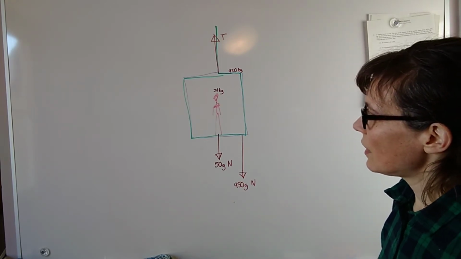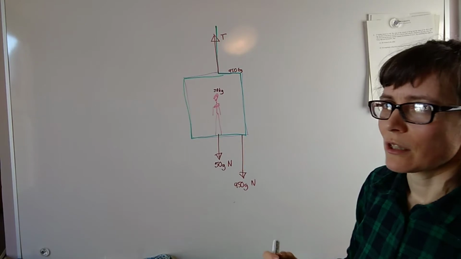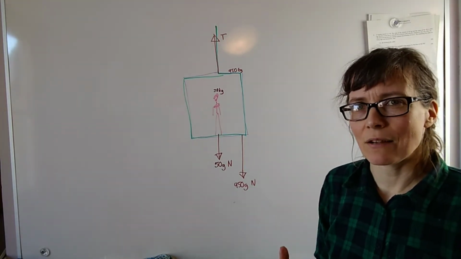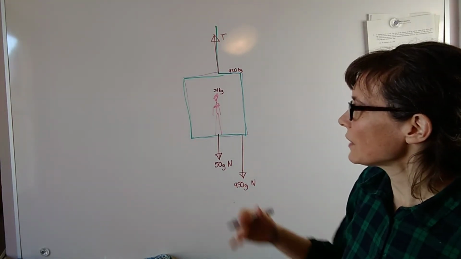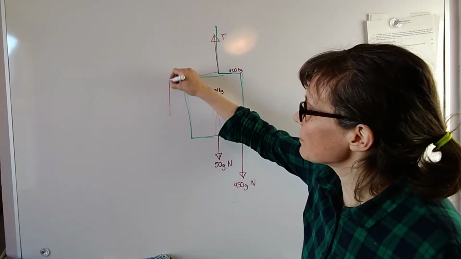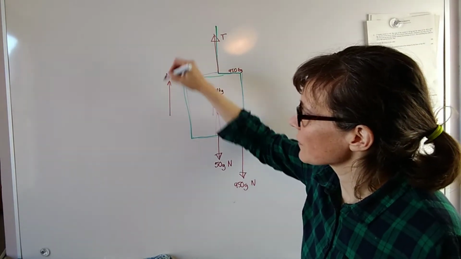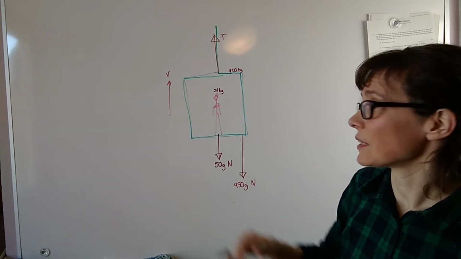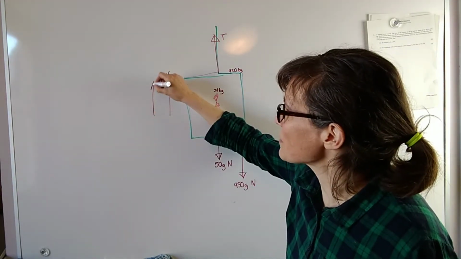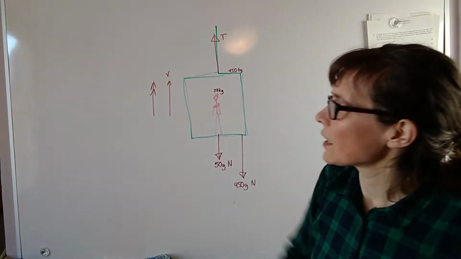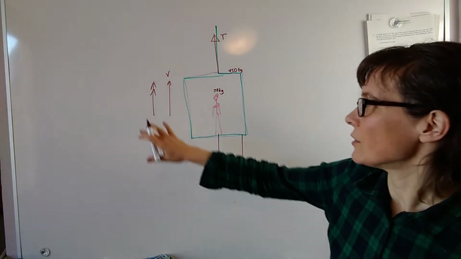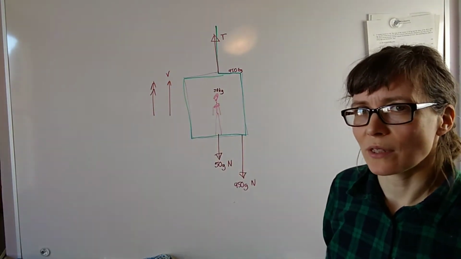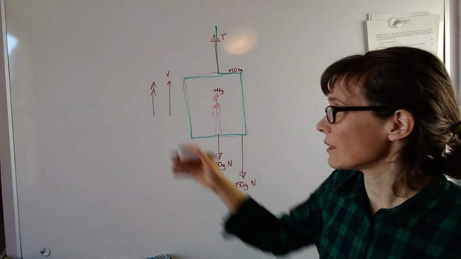The other piece of information that we're given in the question is about the deceleration. We are given that this lift is moving upwards with a changing velocity, because although it's moving upwards, it's got an acceleration, and I've put the double arrow on there to show it's acceleration rather than velocity.